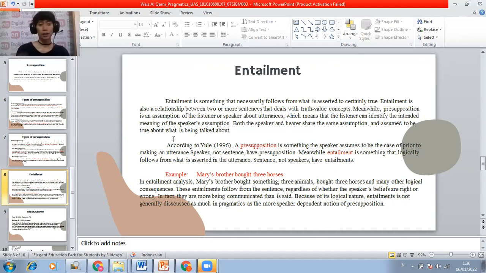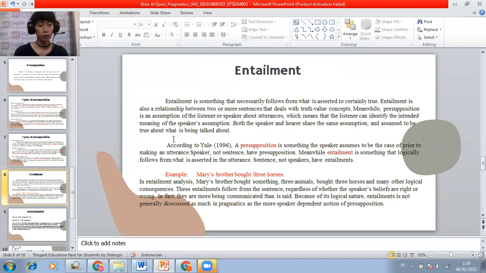According to Yule again, 1996, a presupposition is something that a speaker assumes to be the case prior to making an utterance. Basically, I believe that it's something. Presupposition means speakers have the presupposition, not the sentence.